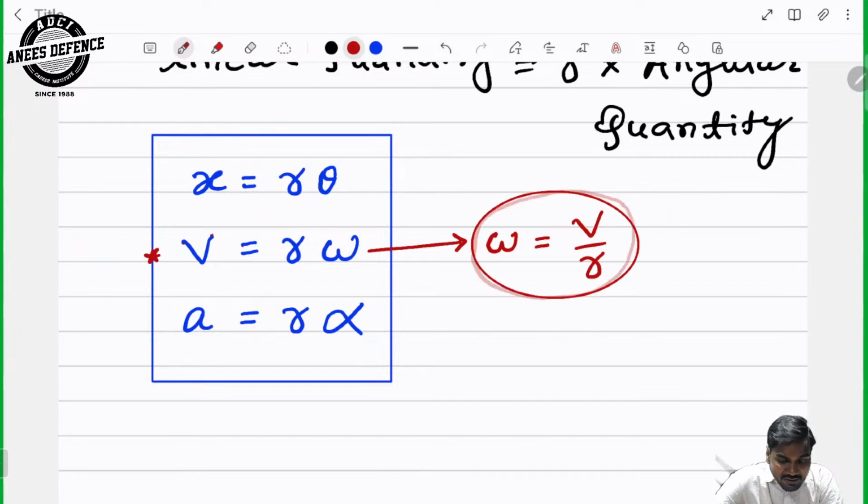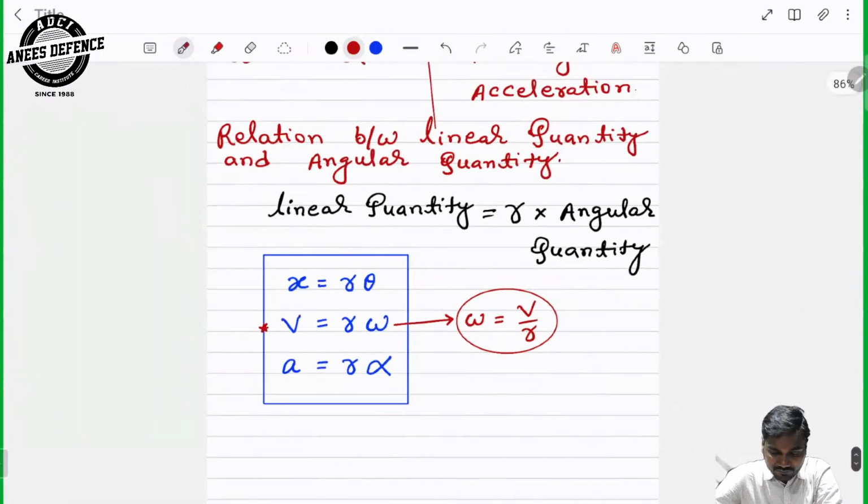So if you have a linear quantity and you want to convert it into an angular quantity, that linear quantity will be divided by the radius. And if you want to convert an angular quantity into linear, just multiply the angular quantity with the radius. Understood? Okay. Noted?